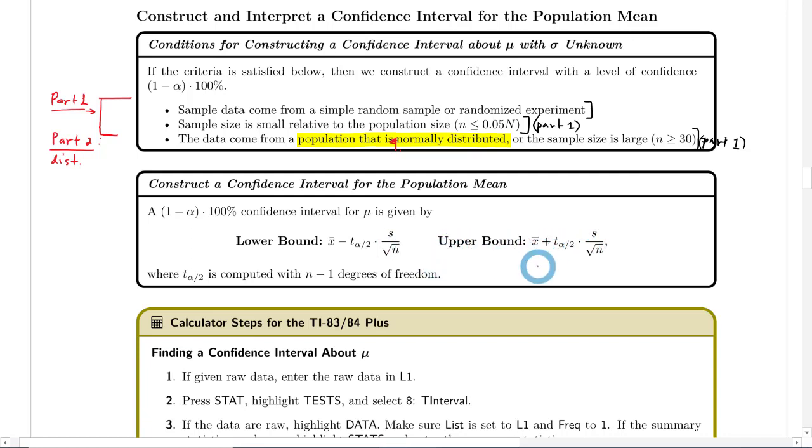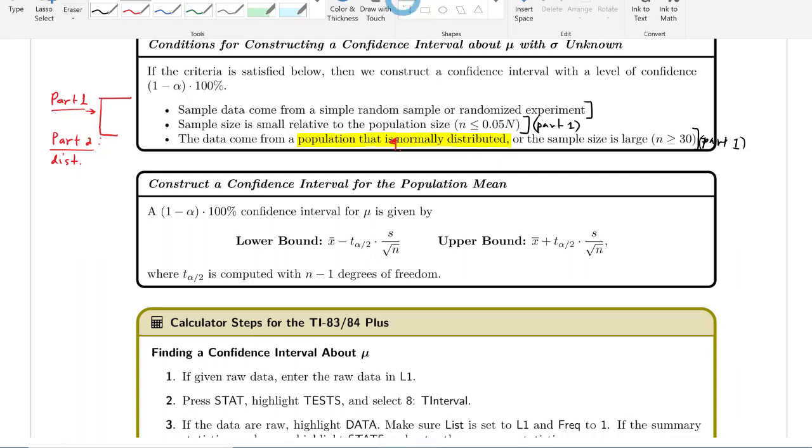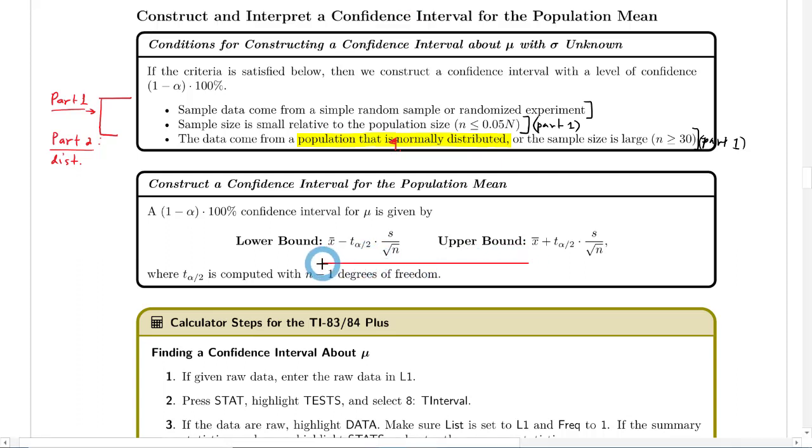So again, if I drew a line, here is the lower bound, here's the upper bound, and somewhere inside is going to be mu. And this is the MOE. The lower bound is the sample mean minus the MOE, and the upper is the sample mean plus the MOE, and we say the population mean lies somewhere within this range.